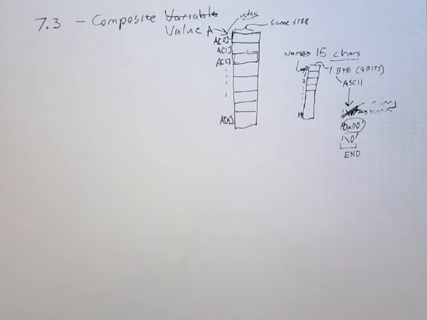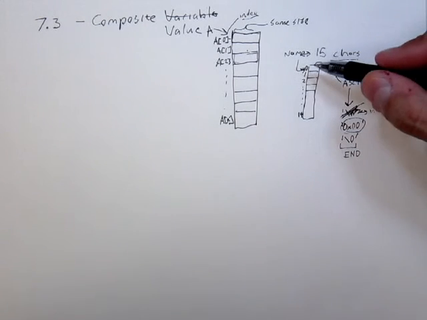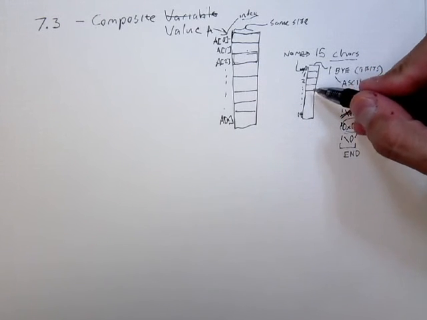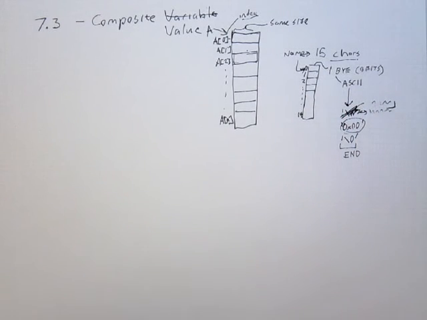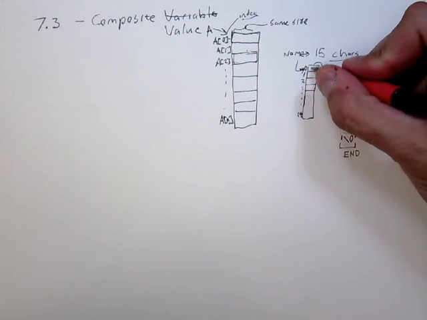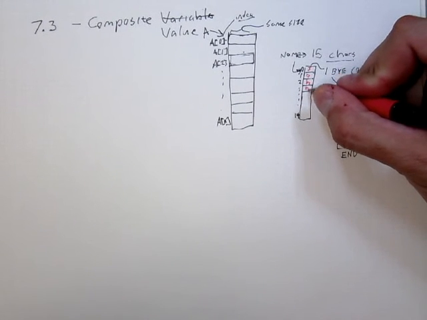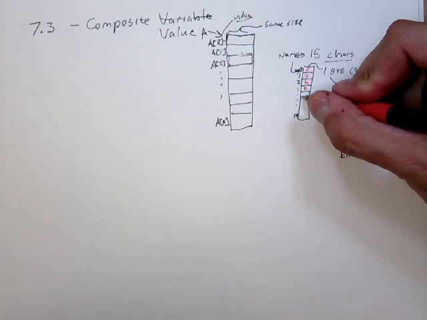So we can represent a string then by putting the characters in here, and wherever the string is supposed to end, we store a 0. So for instance, my name could be represented as a string using the ASCII characters for J, O, H, N, followed by a hexadecimal 0.